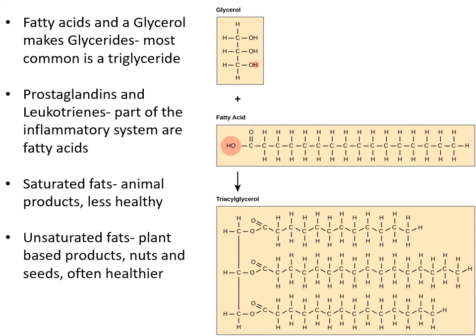Okay, compared to unsaturated fats that are typically plant-based fats, nuts, seeds, and they're often a much healthier form of fat to ingest. Okay, so when we look at glycerides, there's a glycerol group, a fatty acid group, and then you could make a monoglyceride, a diglyceride, or in this example, a triglyceride. Okay.